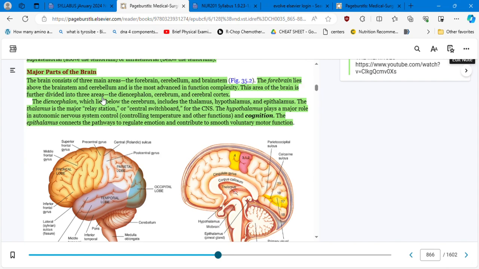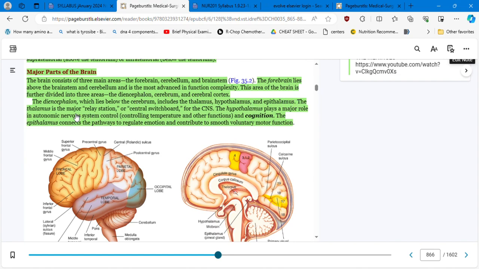The forebrain lies above the brainstem and cerebellum and is the most advanced in function complexity. This area of the brain is further divided into the three areas: the diencephalon, cerebrum, and cerebral cortex. So the diencephalon, which lies below the cerebrum, includes the thalamus, hypothalamus, and epithalamus.